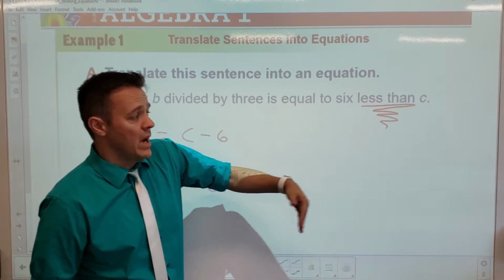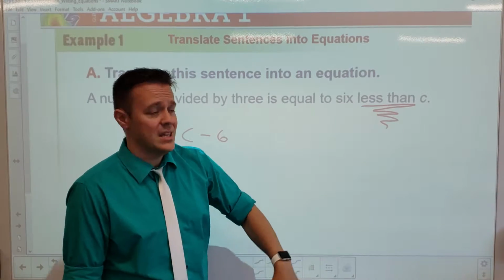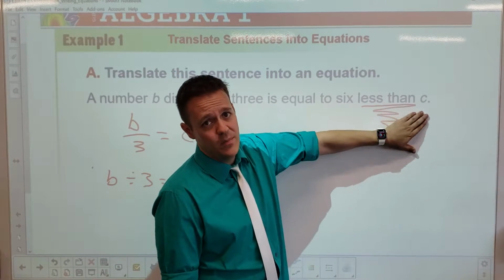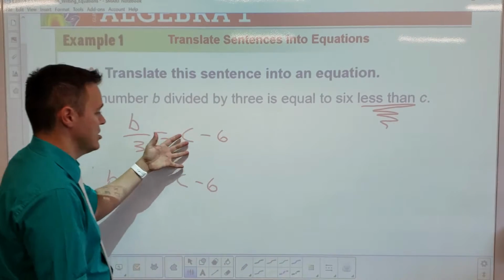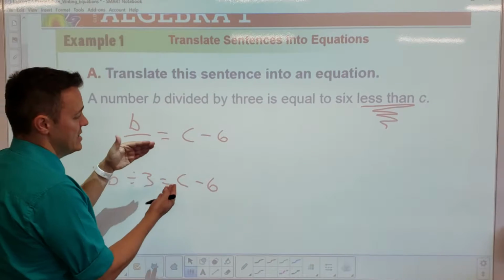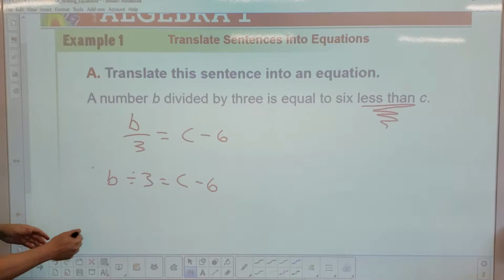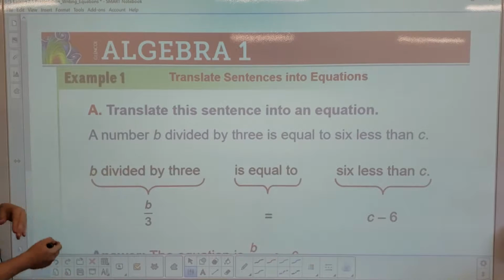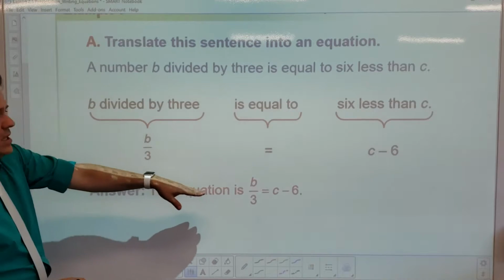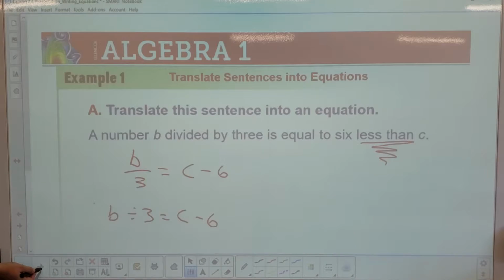If it was minus or the difference or anything like that, you would write it as it is written. Less than is the only one where it's switched over. So in this case, that is the correct answer. Either way it's done, it's fine. You can see it's the same thing, b over 3, and then C minus 6.